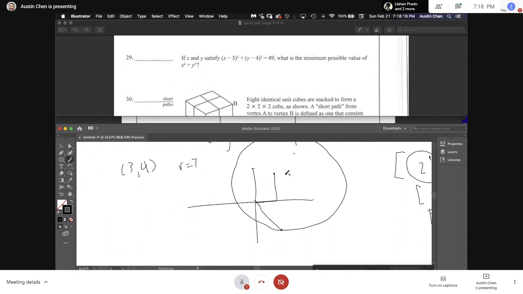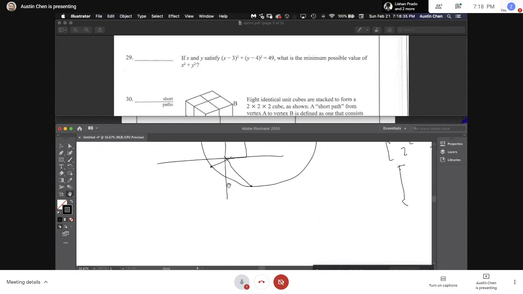So now basically we turn this problem into a geometrical problem. We have this circle centered at (3, 4) with a radius of 7, and we need to find the shortest distance from a point on this circle to the origin.